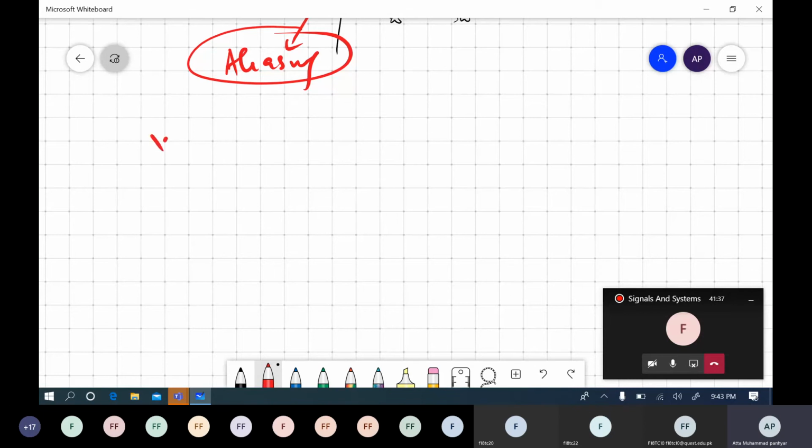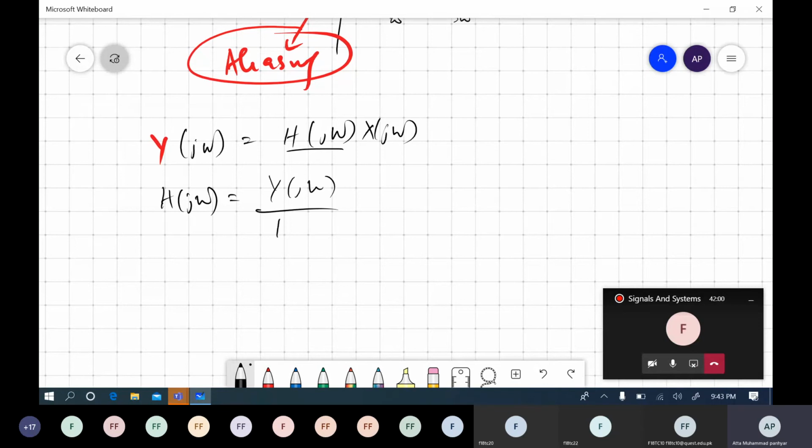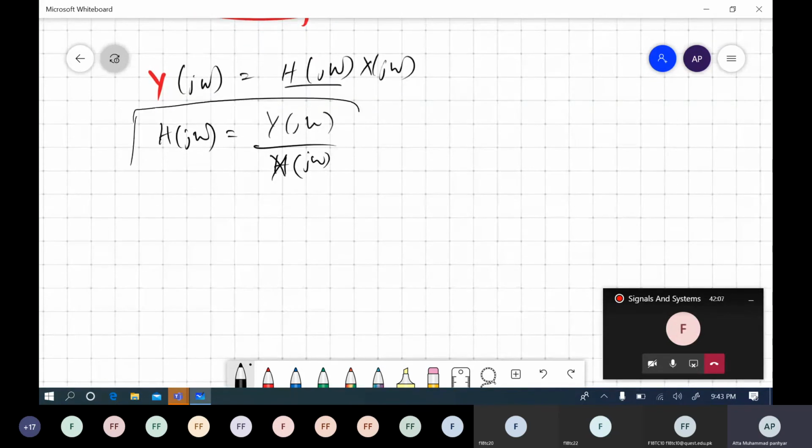In other words, if we wish to compute Y of j omega in the frequency domain, the frequency response of the system is multiplied with the input signal. And if we wish to compute only the frequency response, we can divide output by input, and we can get an idea of what our system does, right?